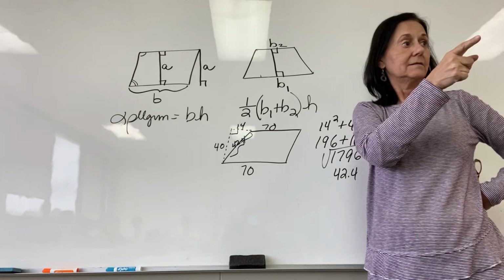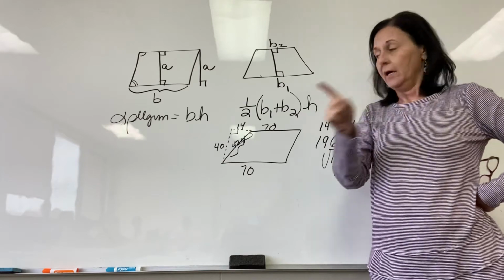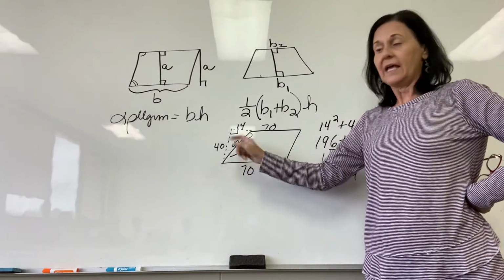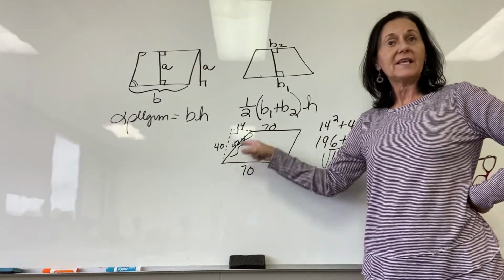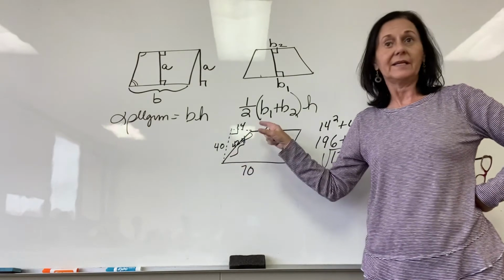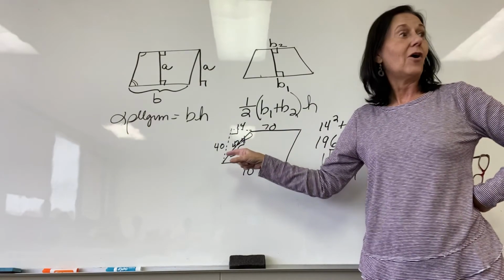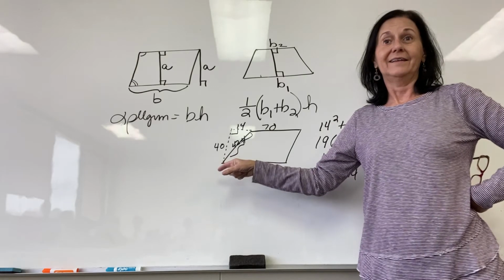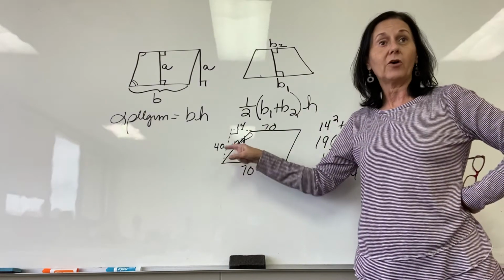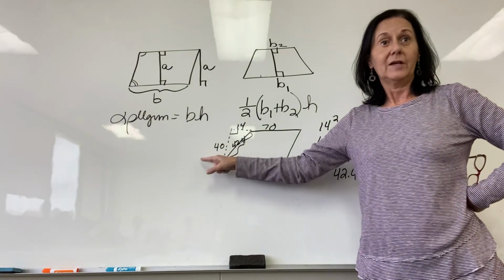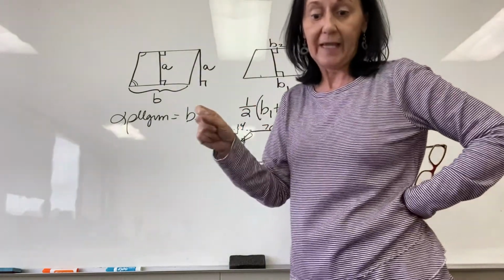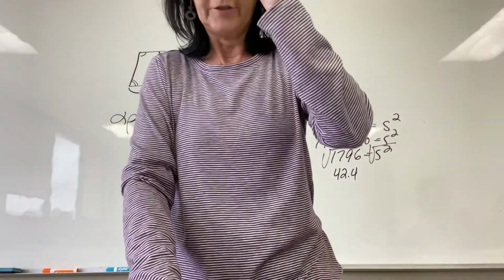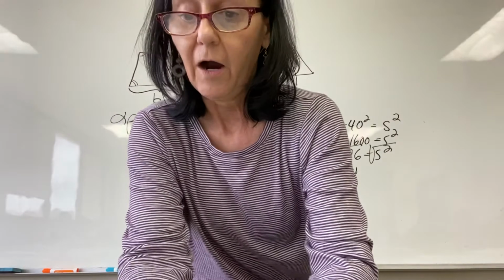Yes. Why? Because when we slant it, this is always the hypotenuse. The hypotenuse is the longest side. It's absolutely going to be longer than 40. So this perimeter had to be larger.